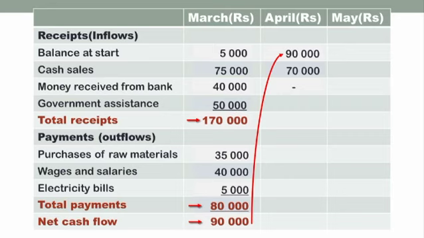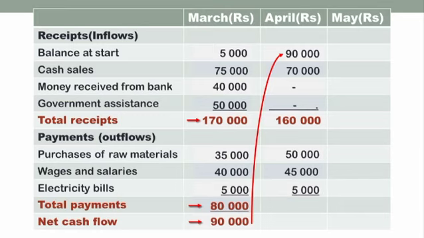No money is received from bank and no government assistance is received. Therefore, the total receipts for the month of April will be 160,000 rupees.